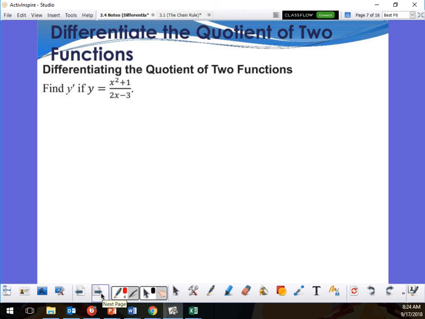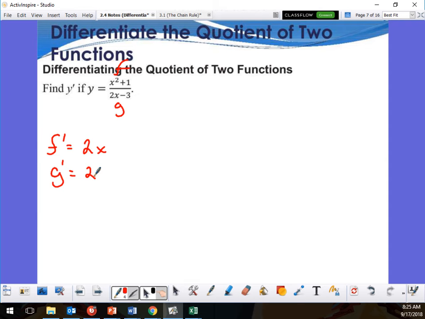All right, so what's my f? What's my g? This one right here, 2x minus 3, right? Okay, so let's go with f prime. What is g prime? There we go.